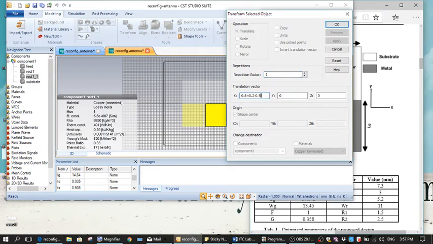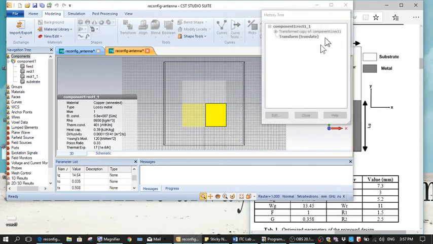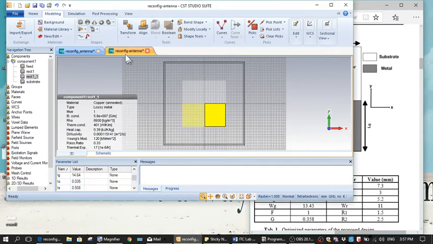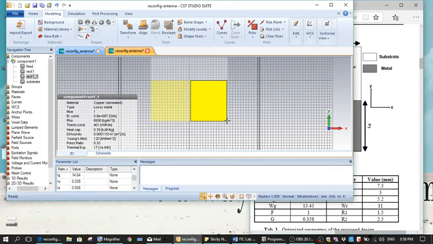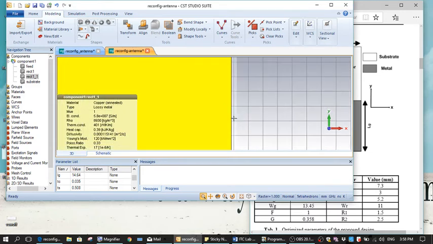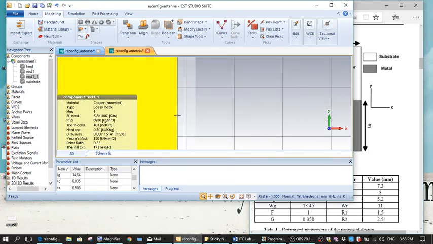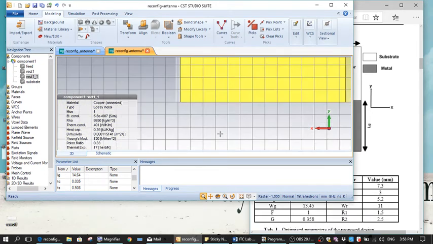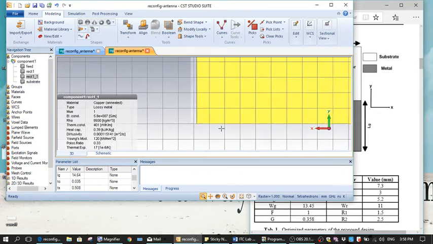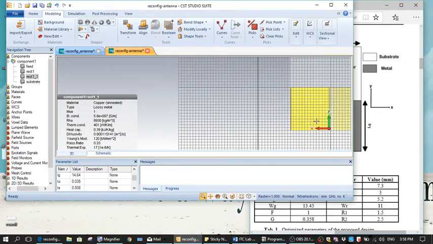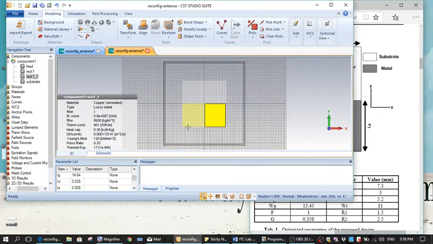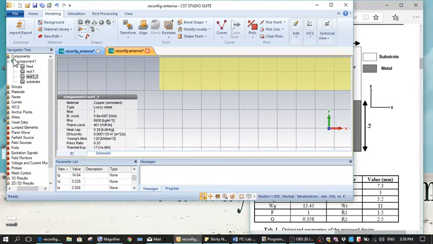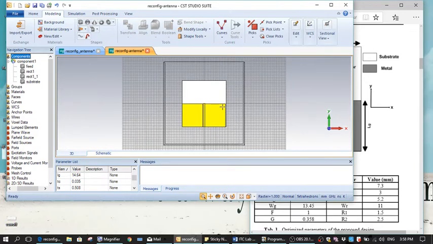Let's see if it works. Okay, zoom it. Let's press 3 and see the back view. From the back, well, we cannot say anything about it, but it's still out.